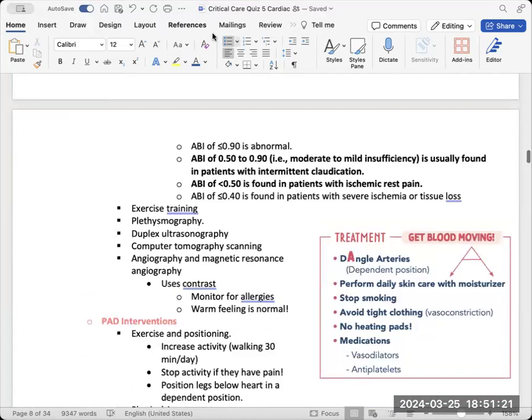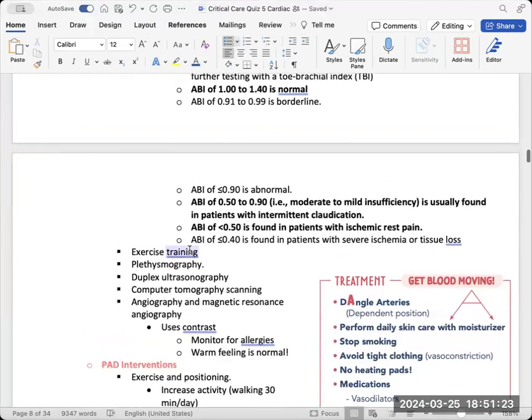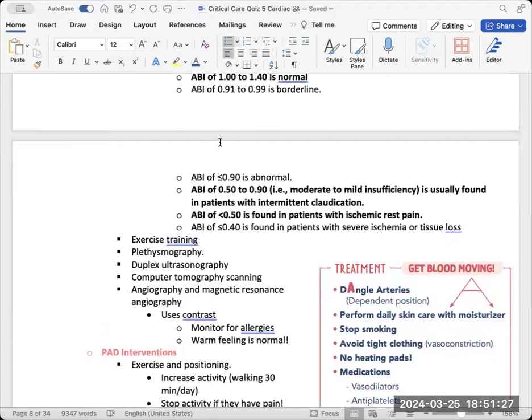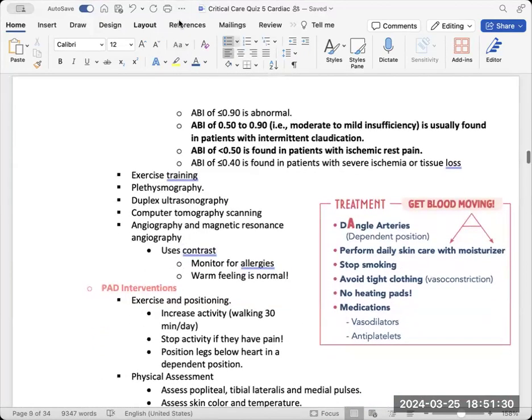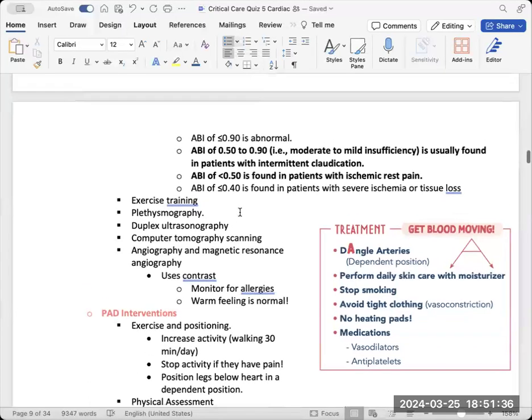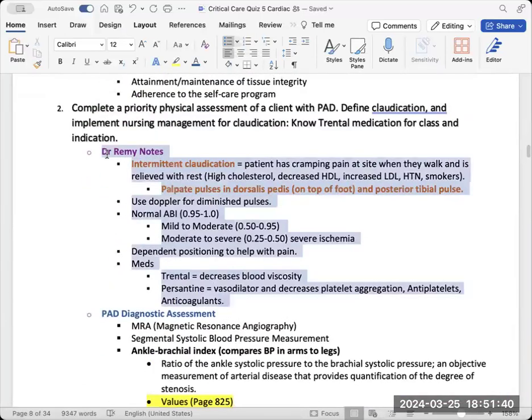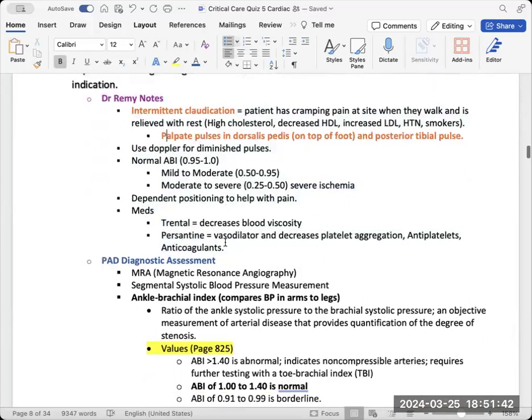Other things we could do to diagnose PAD are computed tomography scanning and an angiography, which uses contrast, so you want to monitor for allergies, and it could also cause a warm sensation. But yeah, those are the different things we could do when it comes to performing a physical assessment.